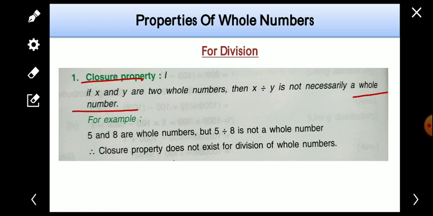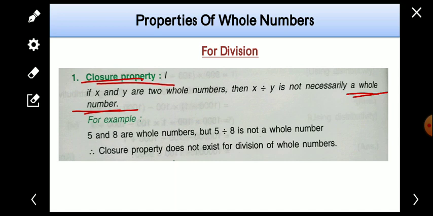It means the whole numbers are not closed under division, because all the time we don't get the result as a whole number. To follow the closure property, if we are taking whole numbers, then as a result we should also get a whole number.